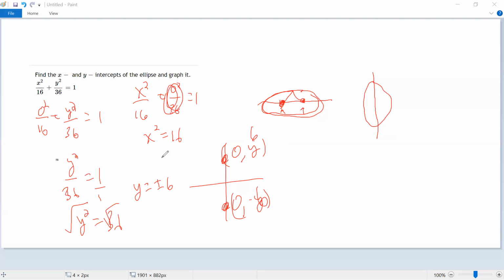I'm going to multiply everything by 16, and x equals plus or minus 4. So I've got x-intercepts of (negative 4, 0) and (positive 4, 0). I've got y-intercepts of (0, negative 6) and (0, positive 6).